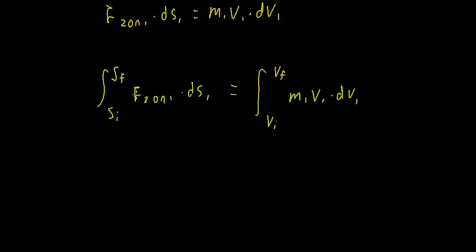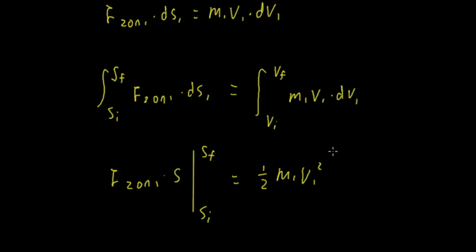Okay, to integrate this, we will just times s, right? So that is s, evaluate from initial position to final position. And that is equal to add 1 to the power divided by the new power. We have half m1v1 square, right? Evaluate from here, initial velocity to final velocity.